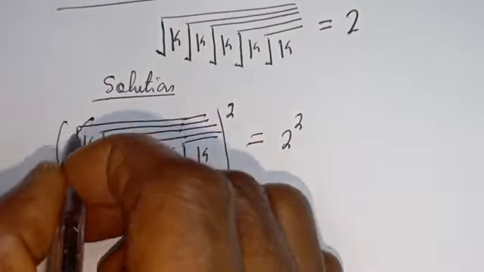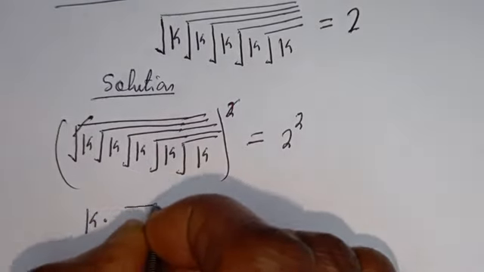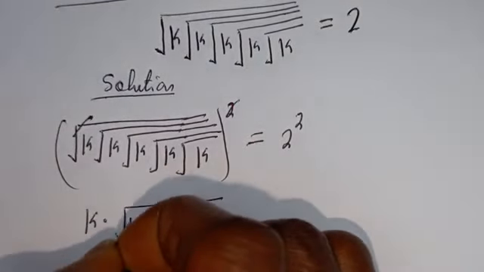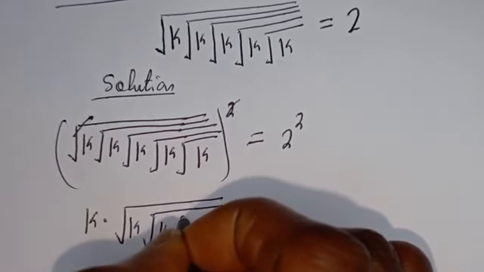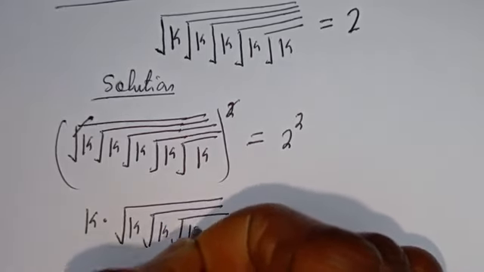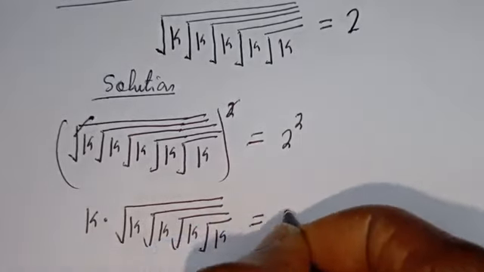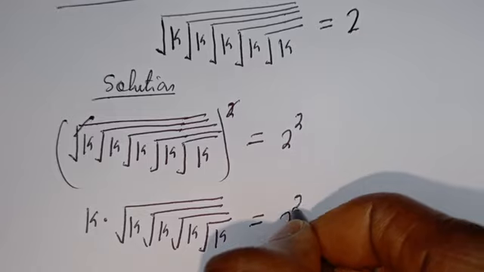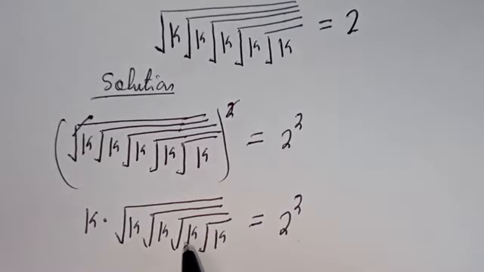Then this, we cancel this. We have k multiplied by the square root of k times the square root of k times the square root of k times the square root of k is equal to 2 squared. Let's square both sides of this equation again.